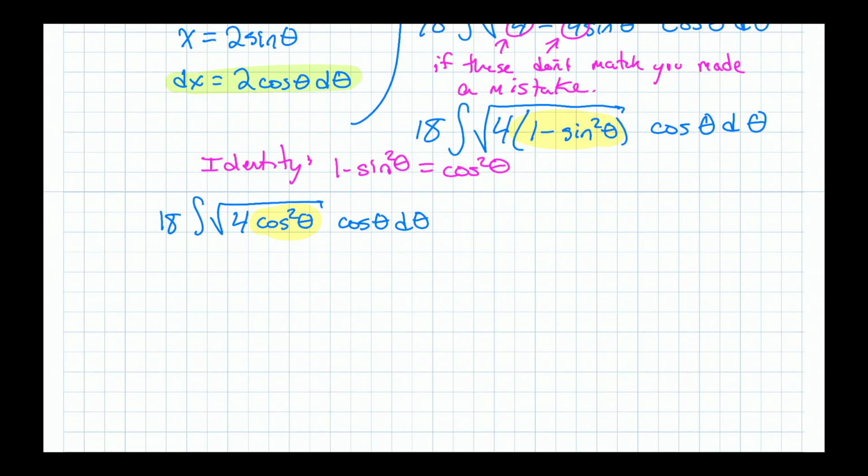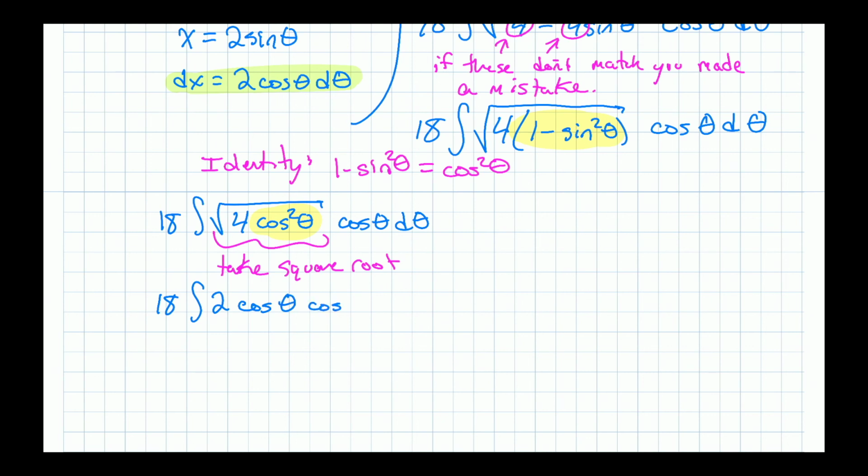Now what we need to do is take the square root. We have 18 integral. You take the square root of each of these separately. So the square root of 4 is 2, and the square root of cosine squared theta is cosine theta.